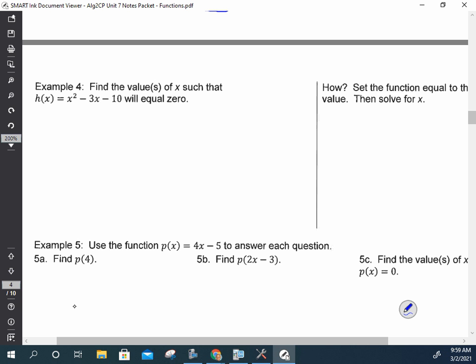So they want to know, when will this function equal 0? Take the function itself and set it equal to 0.